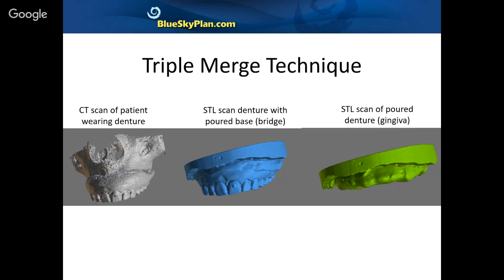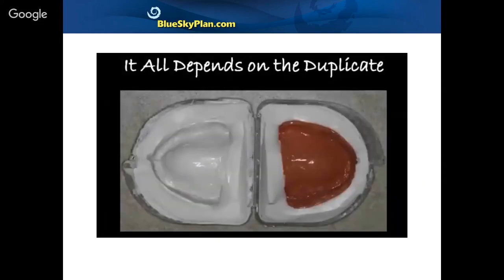Okay, we have no points, as we've been discussing, we have no points common between that first scan and the third scan, but when we introduce and use that middle scan, we do have common points. Now, this process flow requires the duplication of the denture. It depends on a very nice and accurate duplication of the denture.